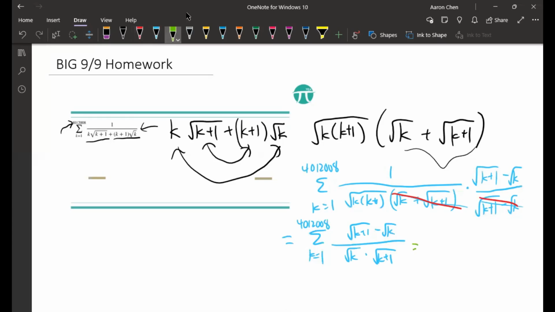So it's just the sum from k equals 1 to 4,012,008 of the reciprocal of the square root of k minus the reciprocal of the square root of k plus 1.